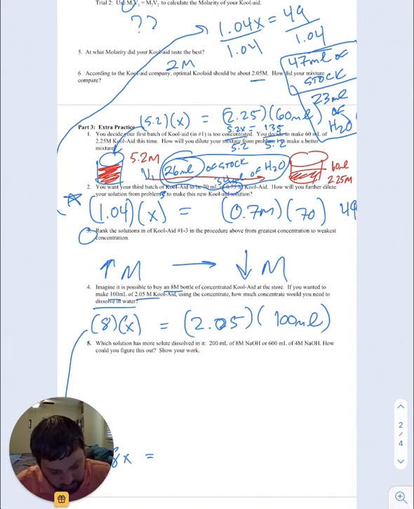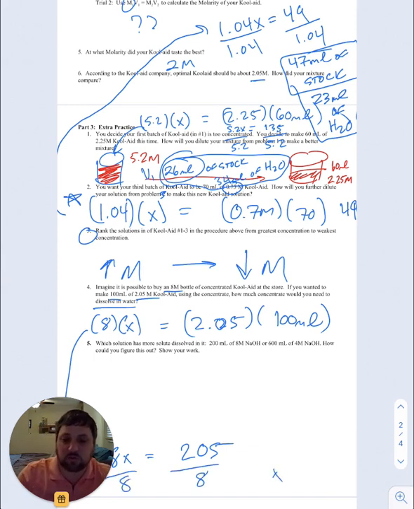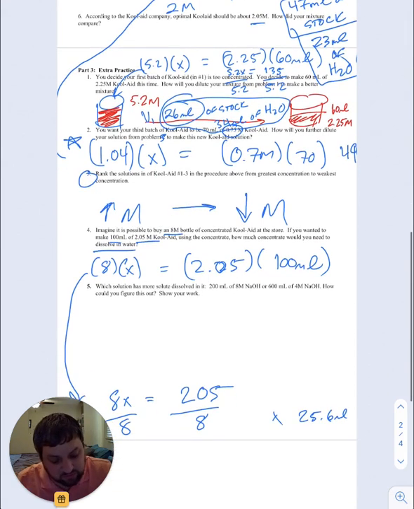So we get 8x equals 205. We divide both sides by 8. And so to give us our answer, we plug it in the calculator and we get 25.6 milliliters. And again, that's 25.6 milliliters of stock.